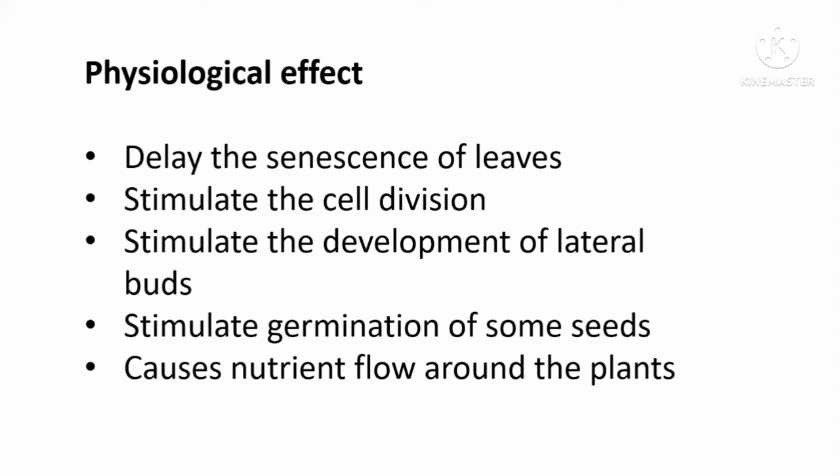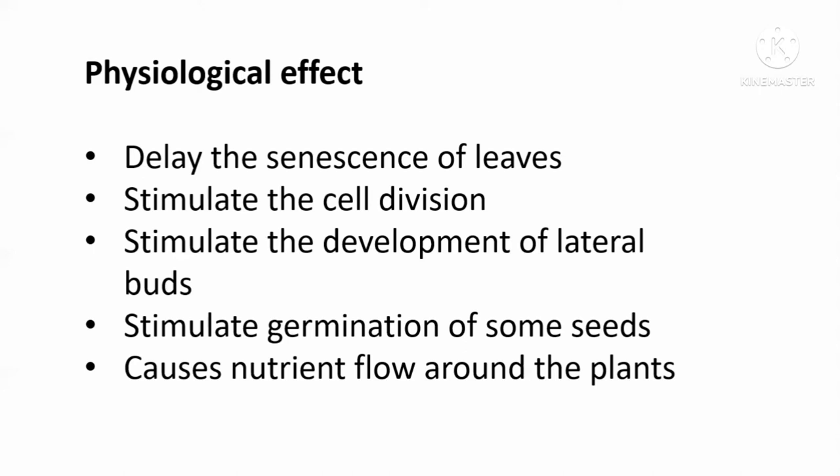Okay, let's say if you detach a leaf from a plant, after a few days it will senesce. But if the leaf is not detached from the tree, the senescence process will not happen at that speed.